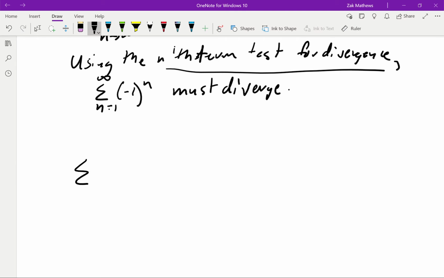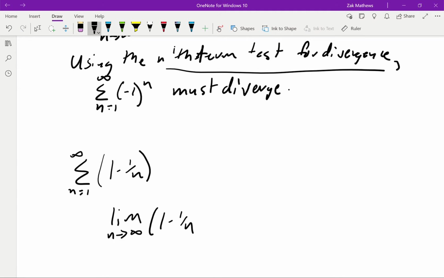Let's take another example for now, though. Let's take the summation n equals 1 to infinity of 1 minus 1 over n. So I'm going to take the limit as n goes to infinity of 1 minus 1 over n.